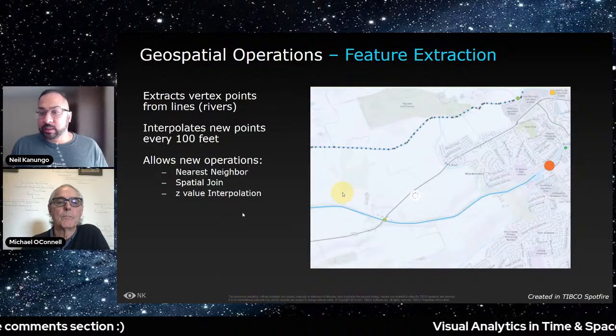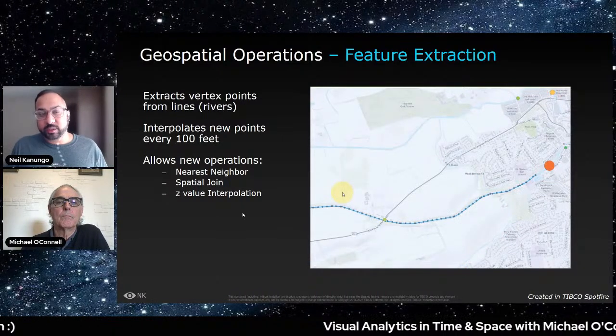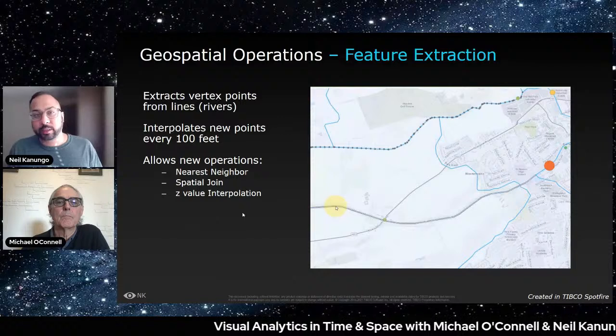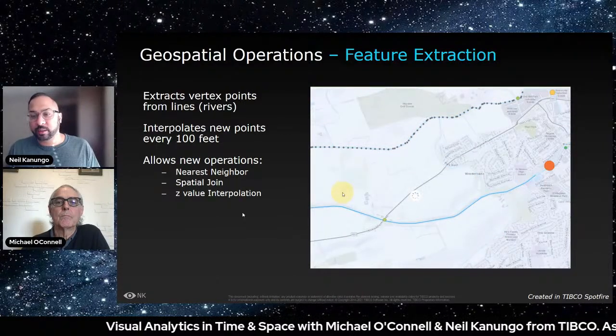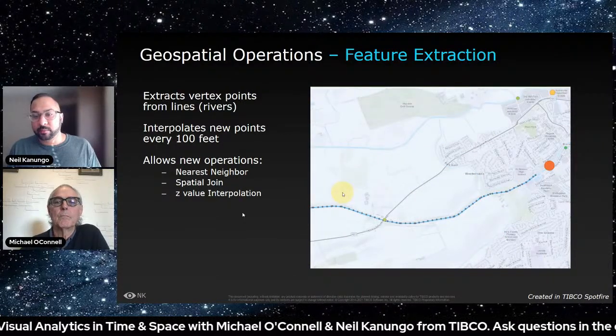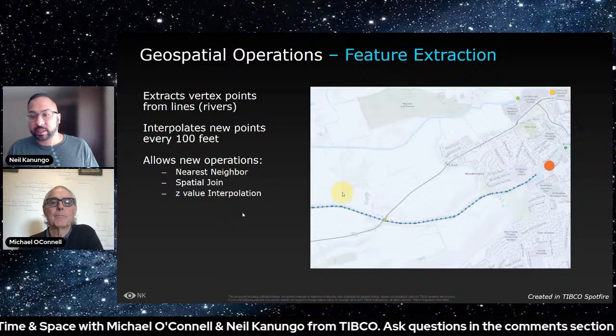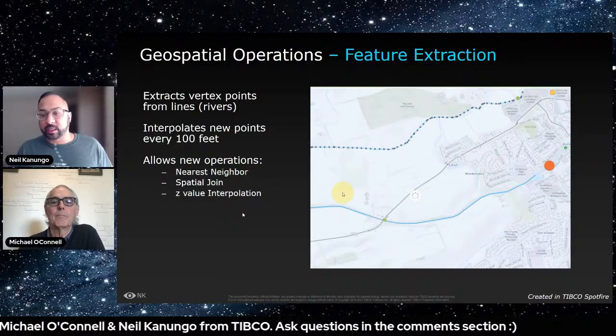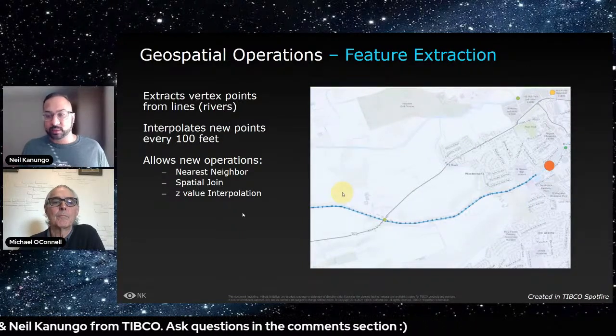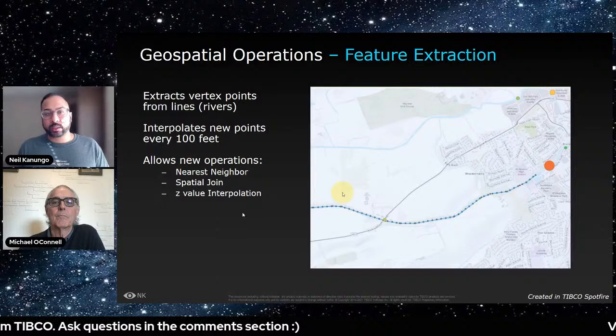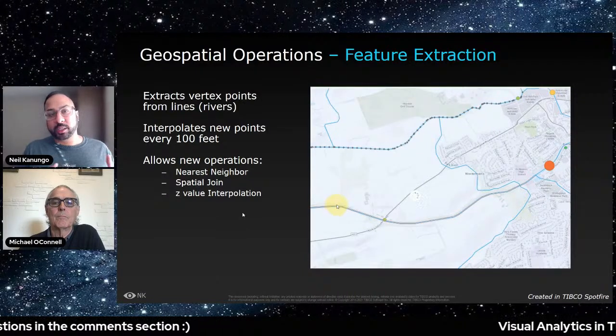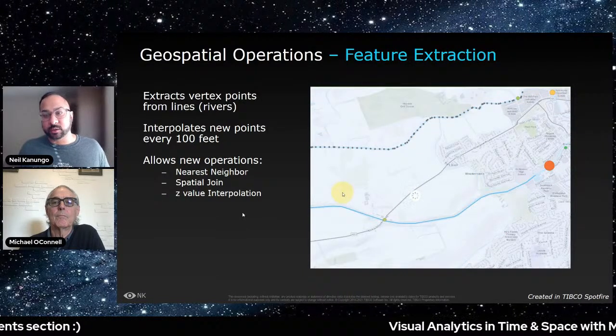There's also feature extraction. It could be called a geometry or point extraction as well. There might be a better term for this. With this type of extraction, as I click on a river, these blue lines are rivers, I might want to do an interpolation of different data along the river.